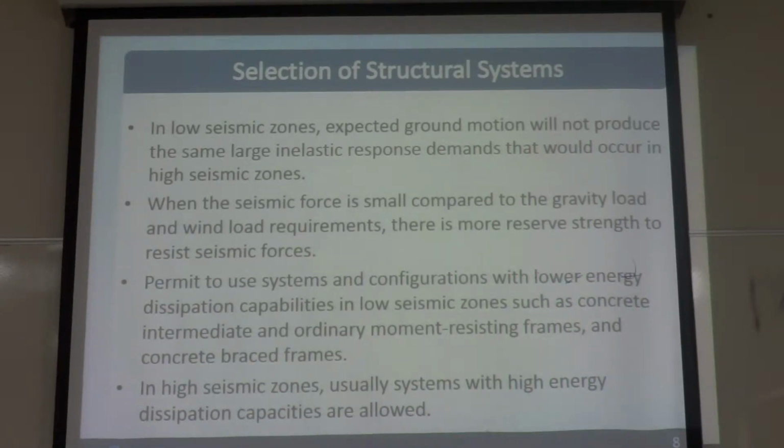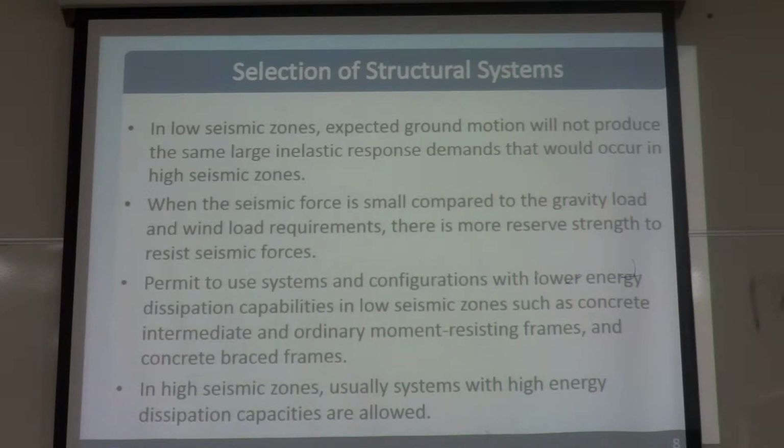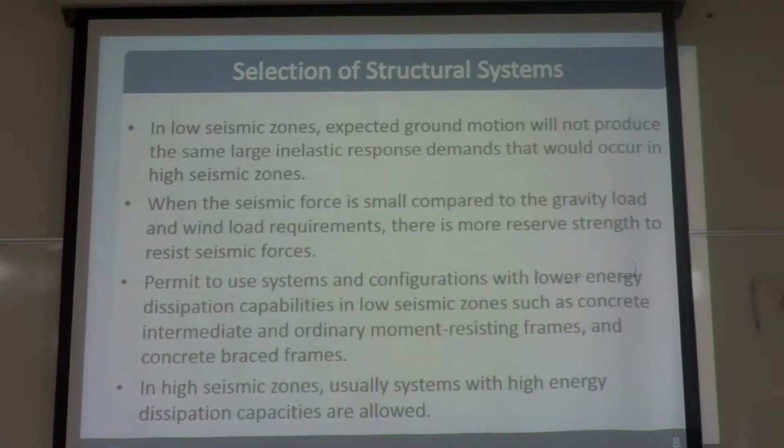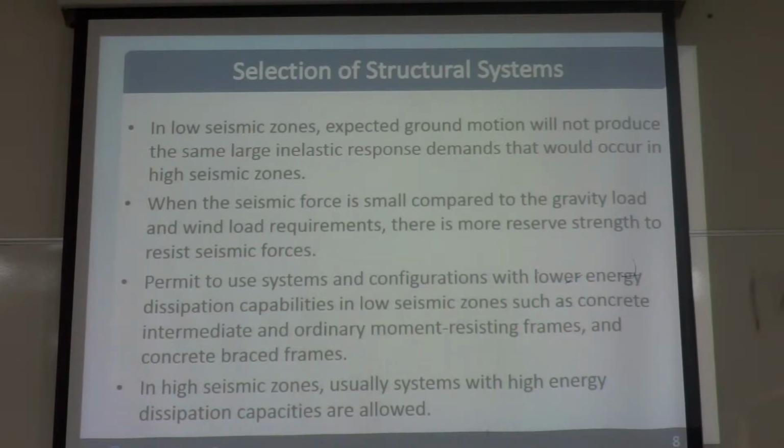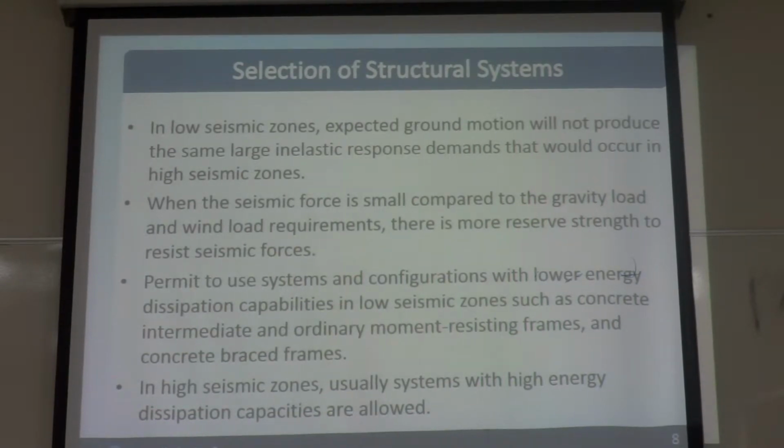It means less ductility, low ductility structural systems in the low seismic zone, like concrete intermediate moment resisting frame, ordinary moment resisting frame, and concrete braced frame. But for high seismic zones, we have to use high energy dissipation capacity structural systems. High energy dissipation means that if the structure is yielding, the energy is dissipated.